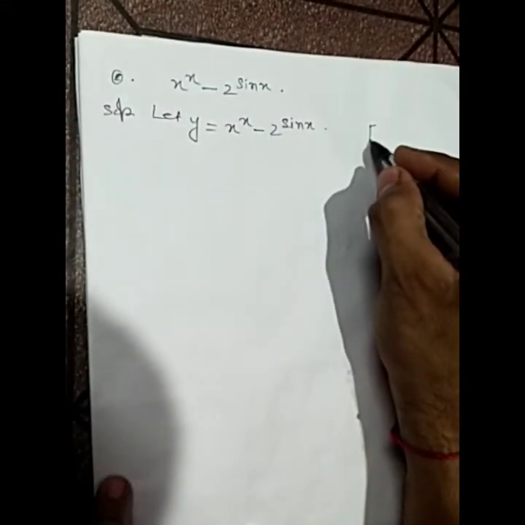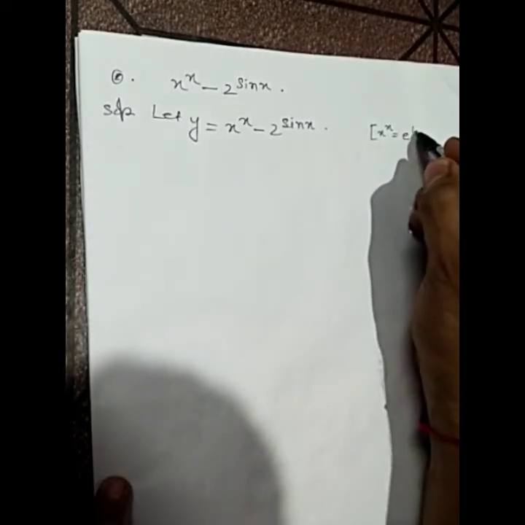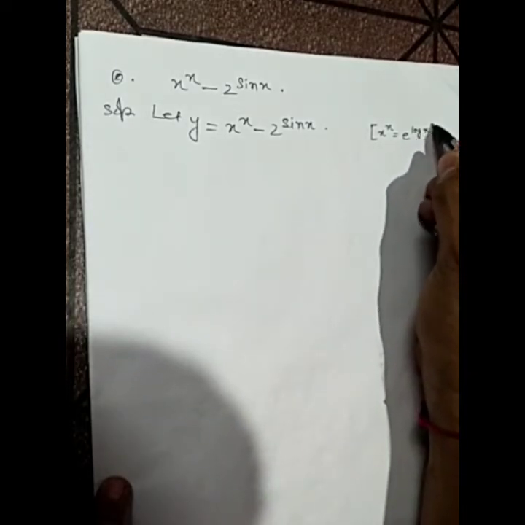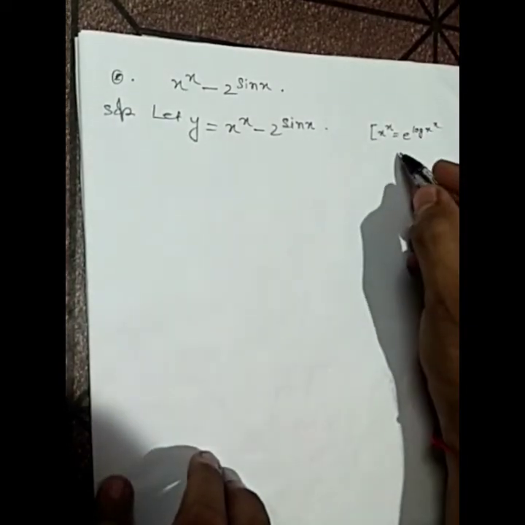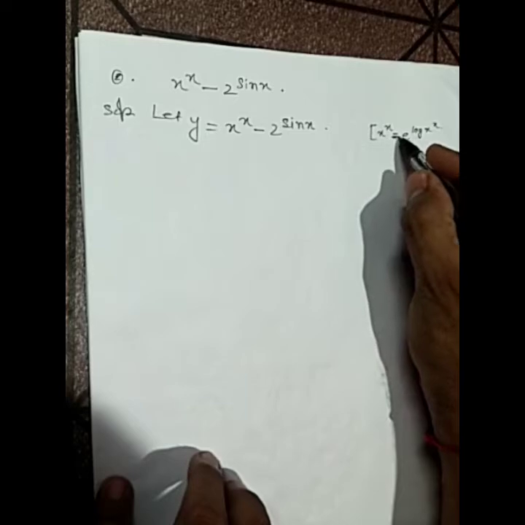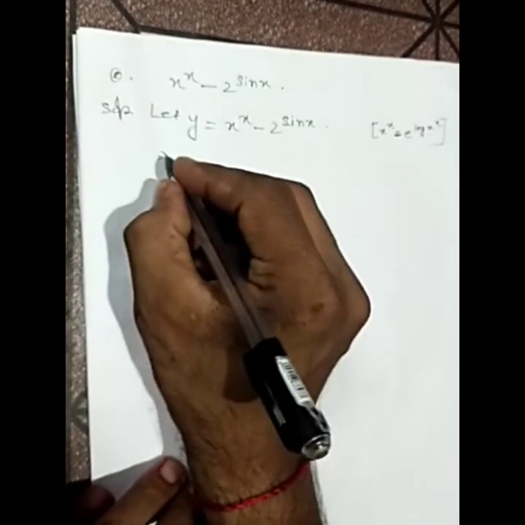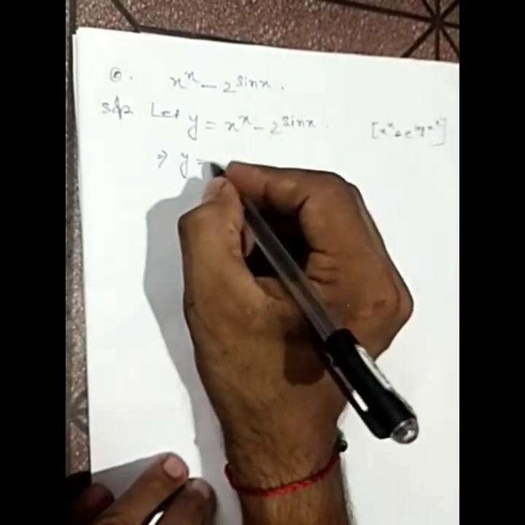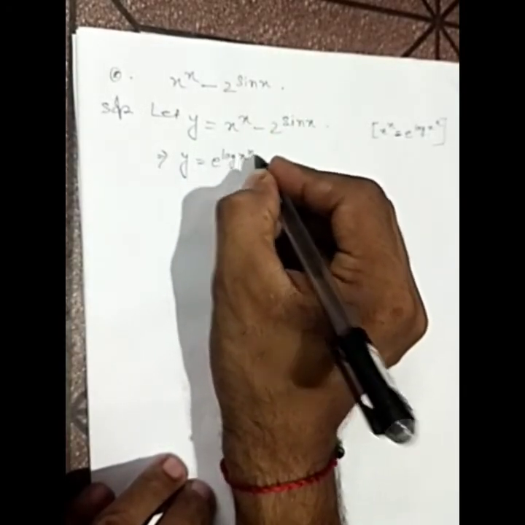You must know this. Okay, x power x can be written as e to the power log x power x. It can be written like this. So y equal x power x can be written as e power log of x power x. This is the formula.